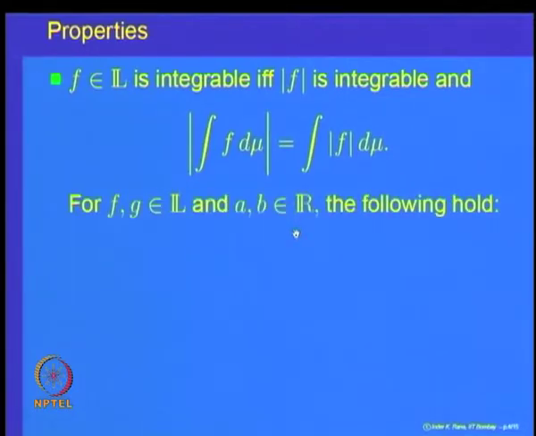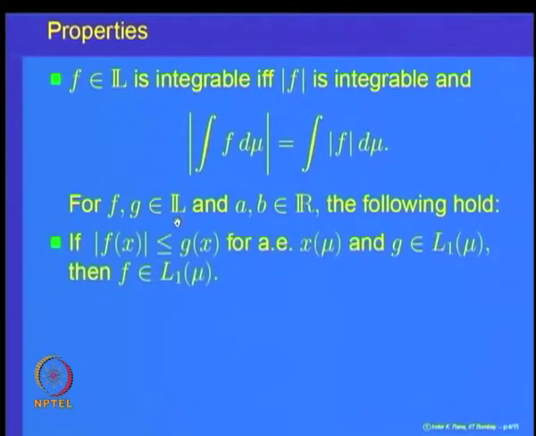Let us recall some of the other properties that we had proved. We said if f and g are measurable functions and mod f is less than or equal to g of x for almost all x with respect to mu, and g is integrable, then f is also integrable.